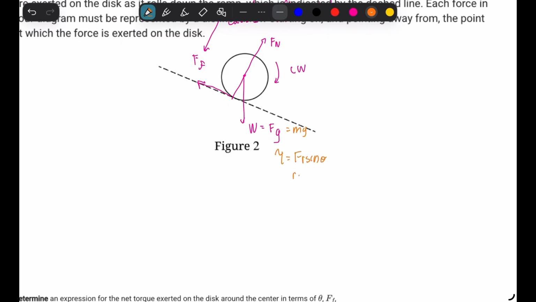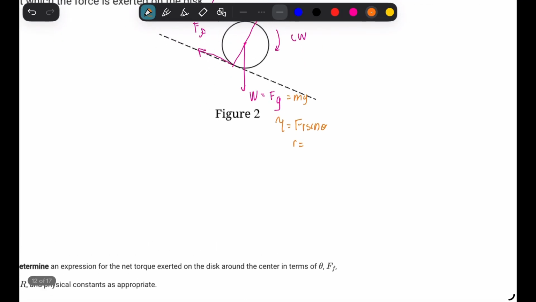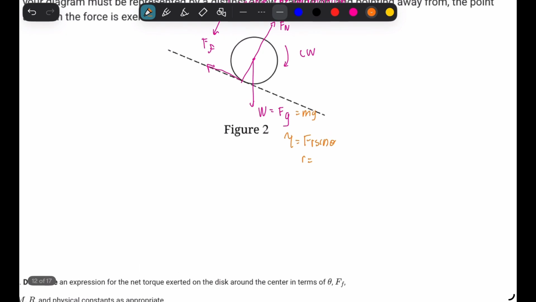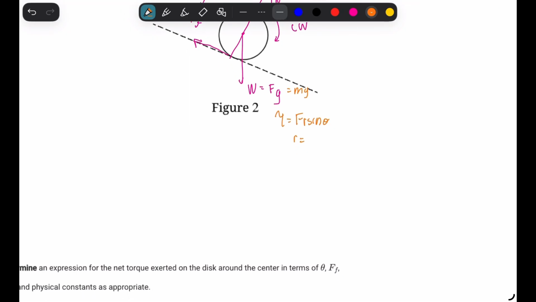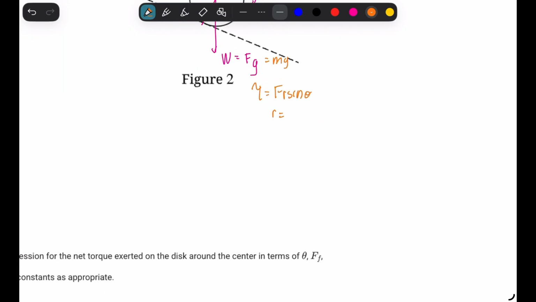If you have a lever arm, which is the distance between where we apply the force and the pivot, in this case our pivot is the center of mass, because that's what our wheel is going to be rotating around, and that r is equal to 0. So you're going to have F times 0, which makes the whole thing equal to 0. So you're going to have no net torque from mg because it passes through that center.